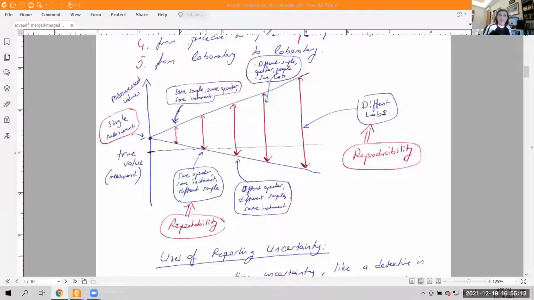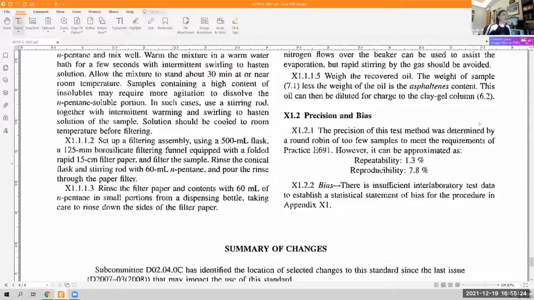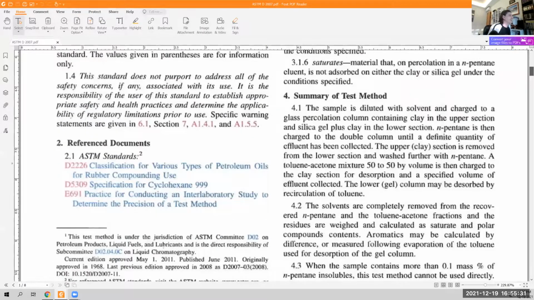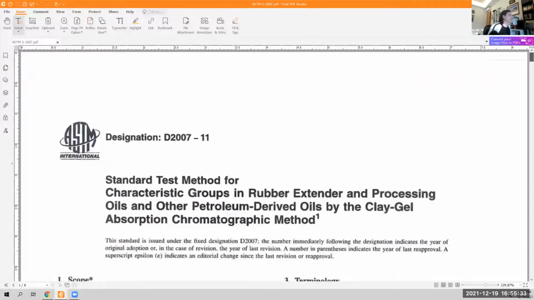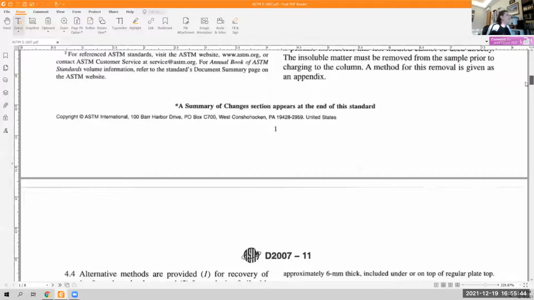So as an example of reproducibility, I would like to show you this screen here. All right, so this is something I was interested in maybe 10 years ago. It's something related to processing oils, the details are not important. It suggests a procedure called ASTM standards.